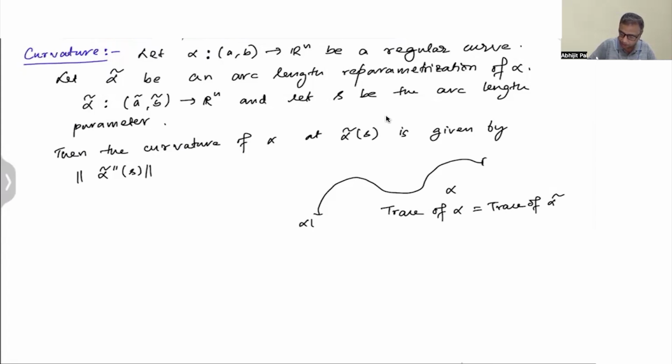So if this is my alpha A and this is my, say, alpha B, then alpha A is the same as alpha tilde A tilde, and alpha B is equal to alpha tilde B tilde. So if I take any point on alpha, this can also be taken as alpha tilde S. Okay, all right. So this was the definition of curvature of alpha at alpha tilde S.